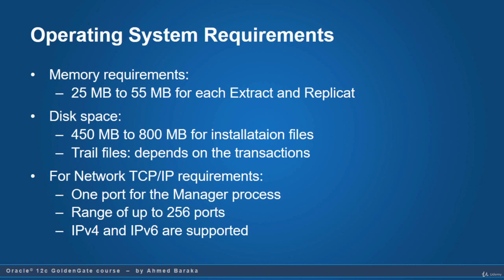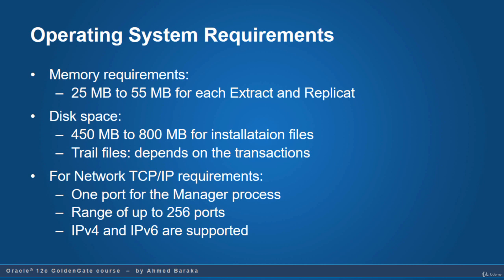For disk space, you need about 500 MB to 800 MB for the software binaries and free space for the trail files. The size needed by the trail files depends on the number of transactions. At least make sure you have 2 GB of free disk space available for the trail files.